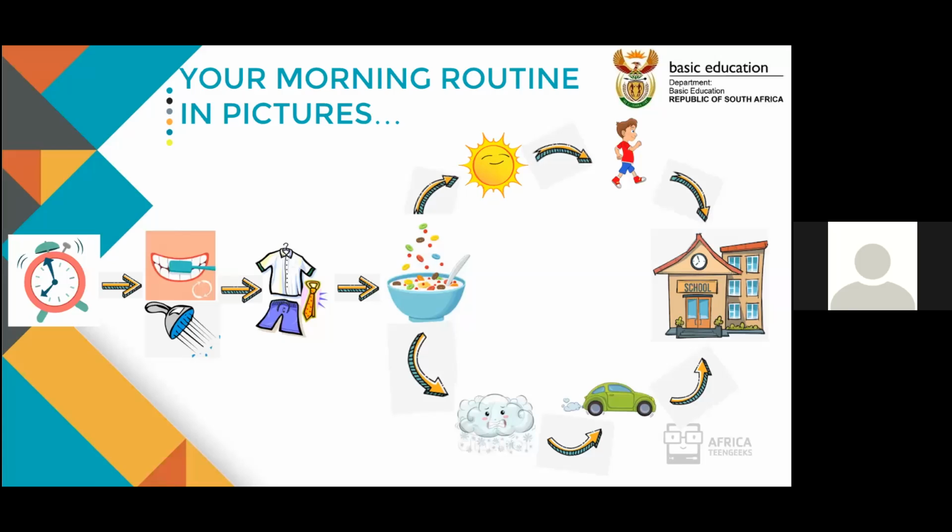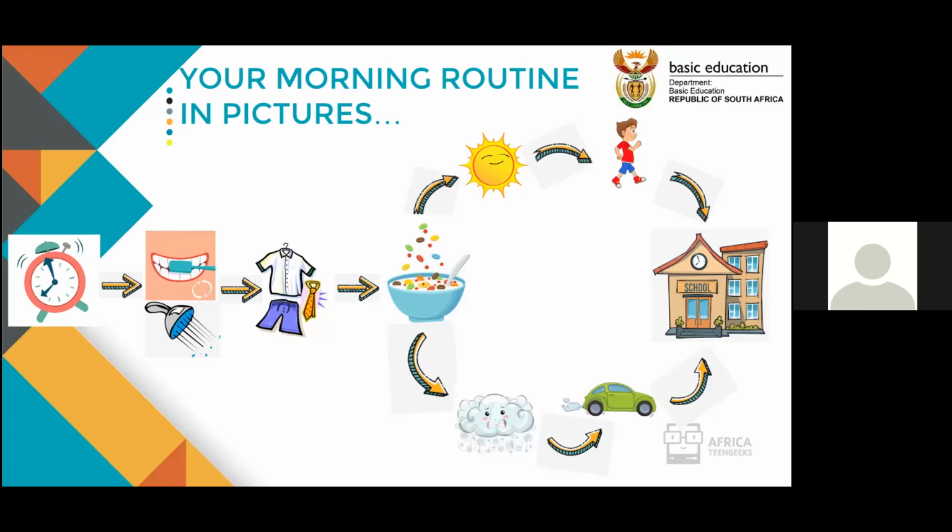Then let's look at your next arrow. The arrow points to your cereal bowl there, indicating that you're going to probably eat your breakfast. Now you can see here there are two arrows going in two different directions. In an algorithm we refer to this as a decision. At this point you're going to make a decision.